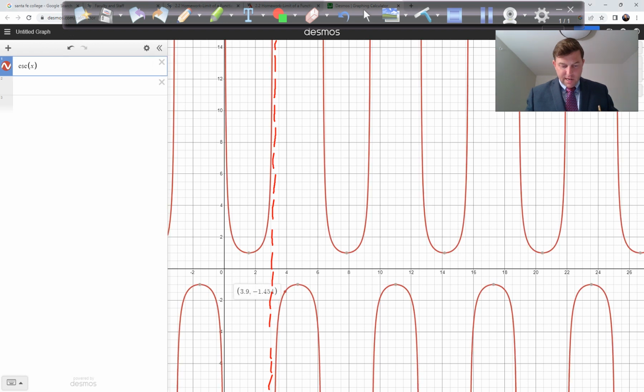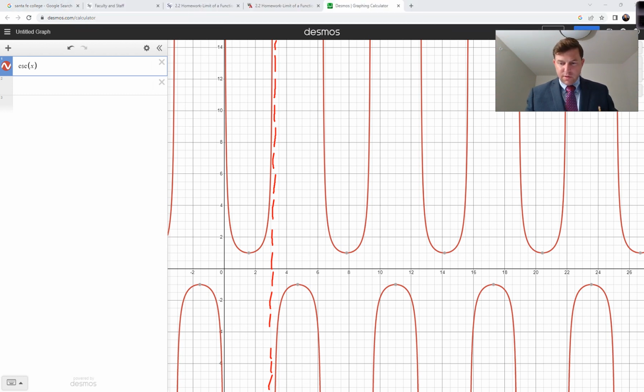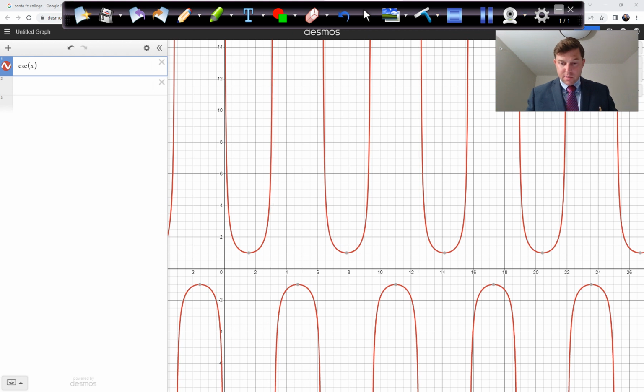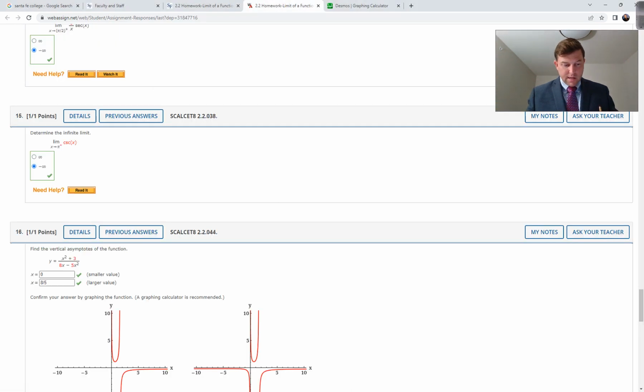So from the right side going left towards this dashed line, my numbers are getting bigger and bigger negative. So again, we would say negative infinity for that one.